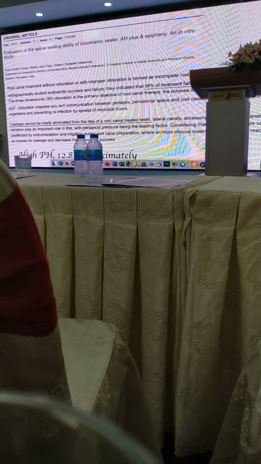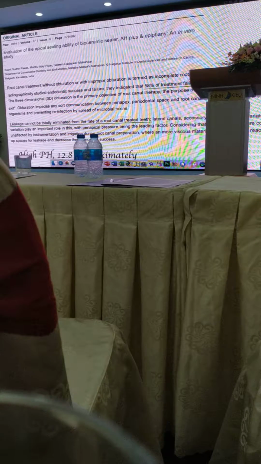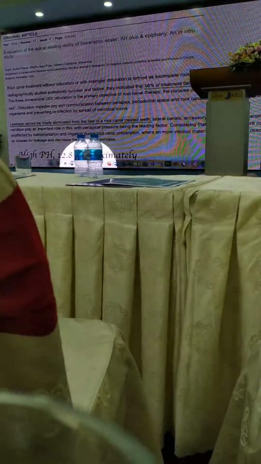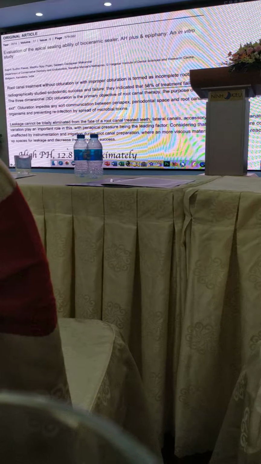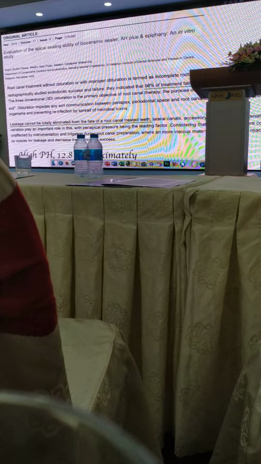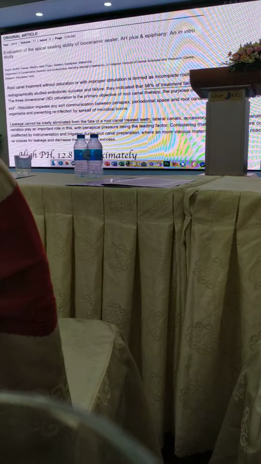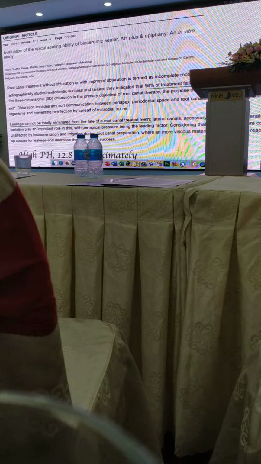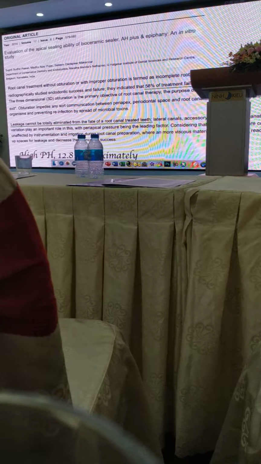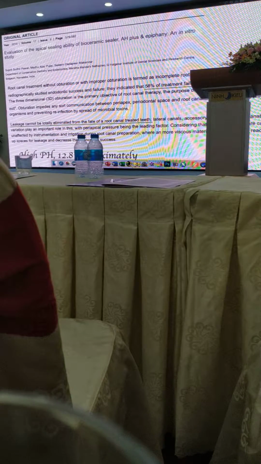One of the most interesting characteristics of bioceramics is that these materials will increase the pH in the area. That increase in pH will help you at the same time to kill bacteria, because most of the bacterial species inside of the root canal cannot live in an alkaline pH.